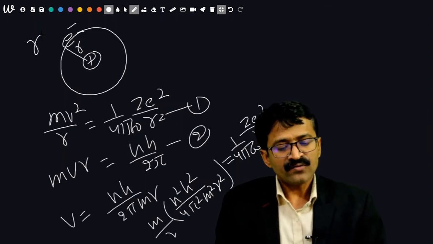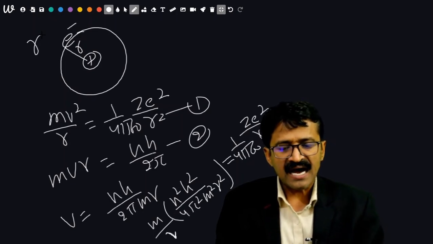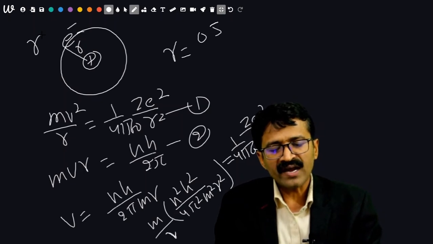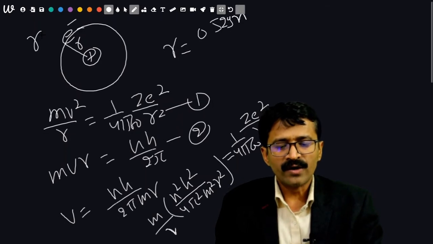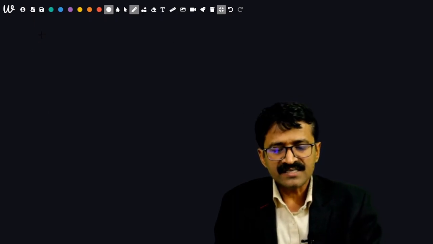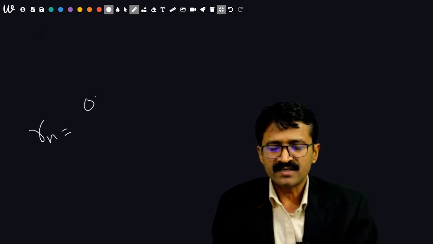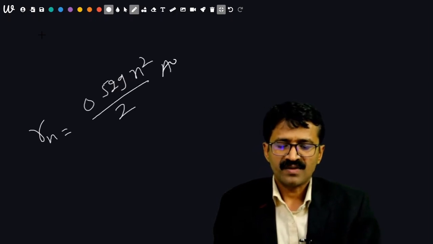You will find few quantities will get cancelled and you will have the result, that is radius r, and this radius r is found to be 0.529 n square upon z in angstrom. This result is in fact Rn is equal to 0.529 n square upon Z angstrom.